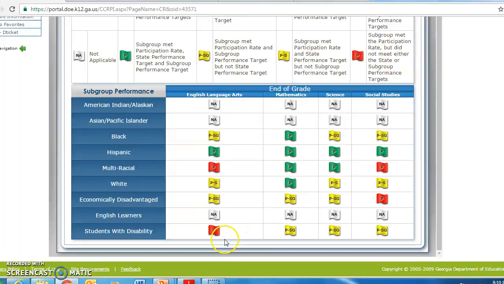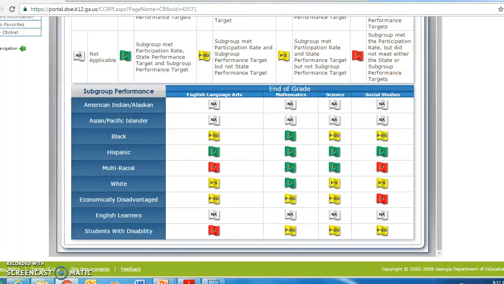Our students with disabilities, we lost a flag. We did not get credit for our subgroup in English language arts, meeting neither the state nor the subgroup performance targets. But we did meet the subgroup performance targets in math, science, and social studies, though not the state.